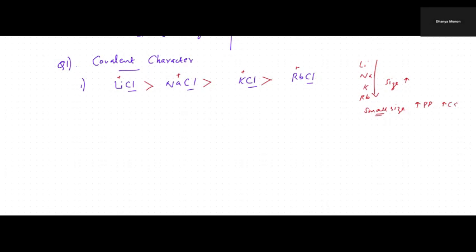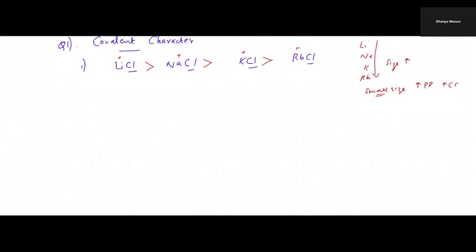Okay. Second example, we have beryllium chloride, magnesium chloride, calcium chloride. For all of them, the anion is the same, chloride. So we go with the cation.